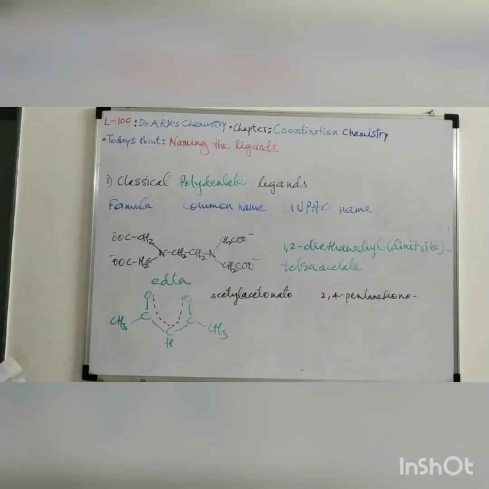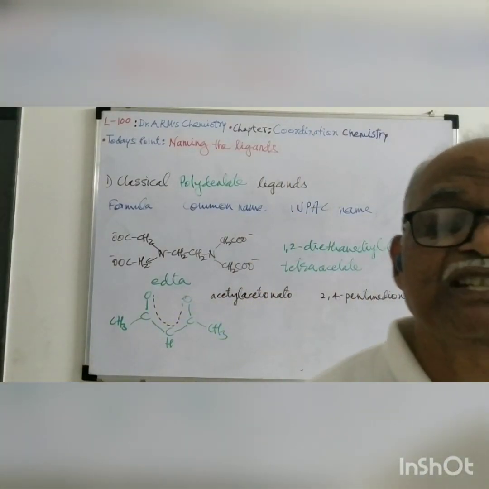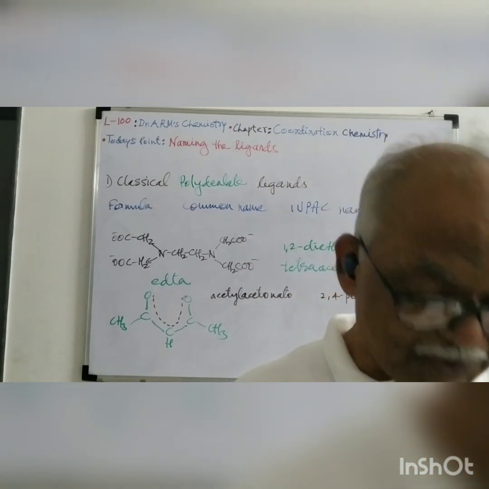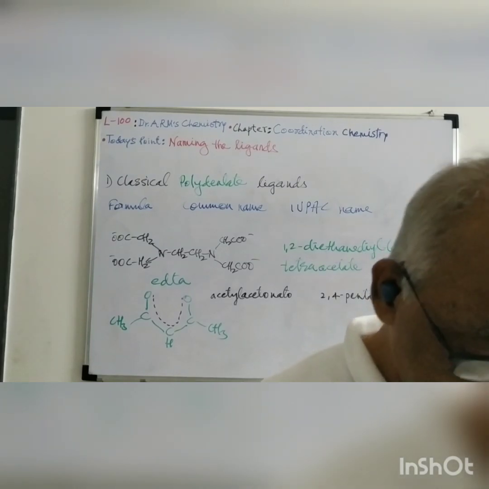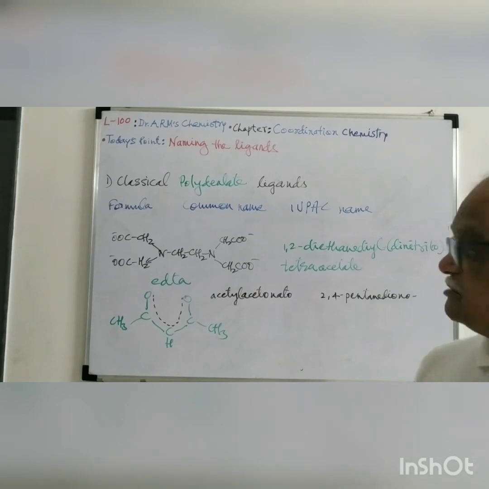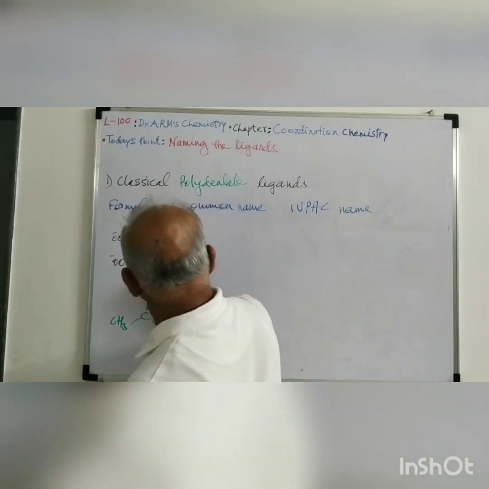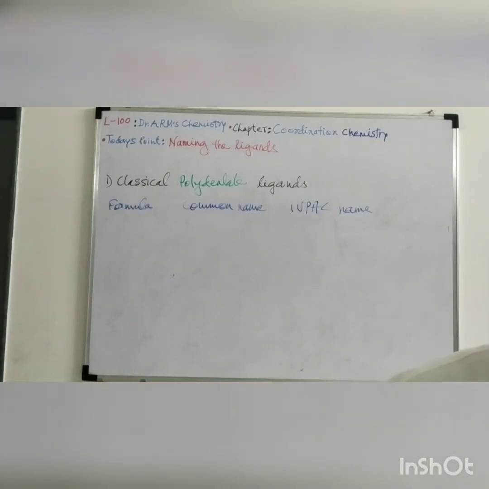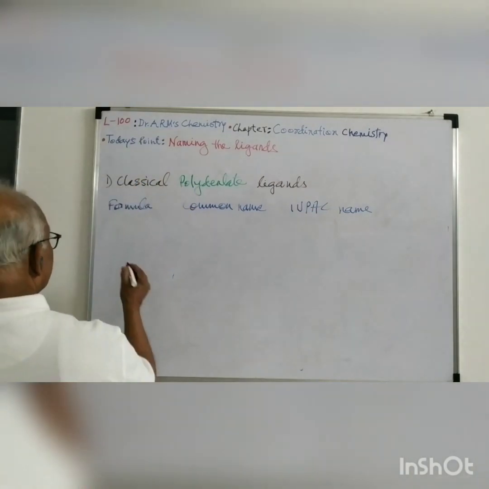So these are some chelating agents or polydentate ligands which are used to form chelates of different metals. We can get a variety of such chelating agents. There are many other such examples. We can have dipyridyl or bipyridyl. The formula is like this.